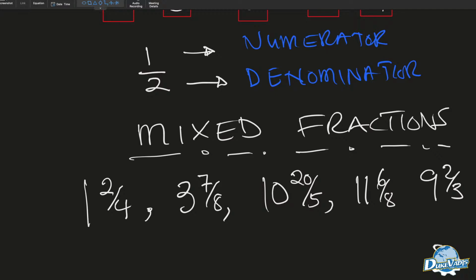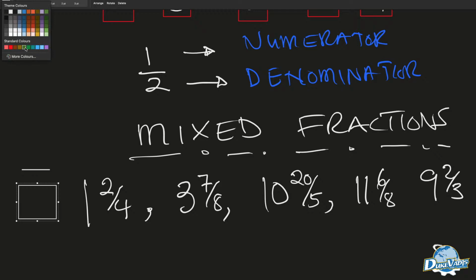Okay, so this is called the mixed fraction. This, as we can see over here, is a mixed fraction. This is a mixed fraction. Now let's go and distinguish them so that when we see mixed fraction, we'll know. Let's move that side here, and we'll say give us green.